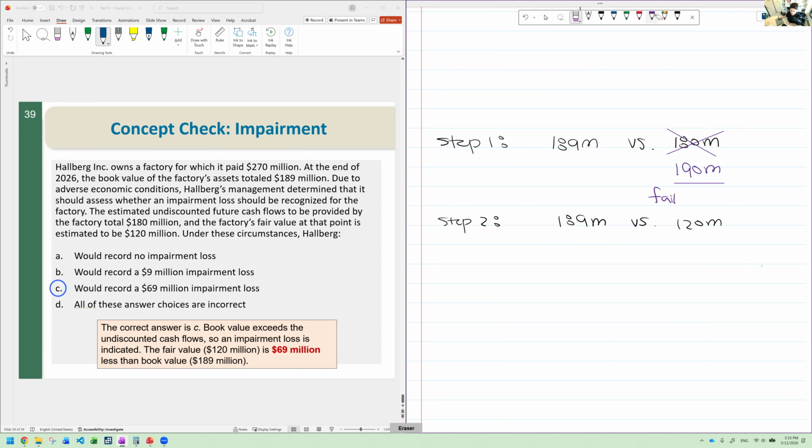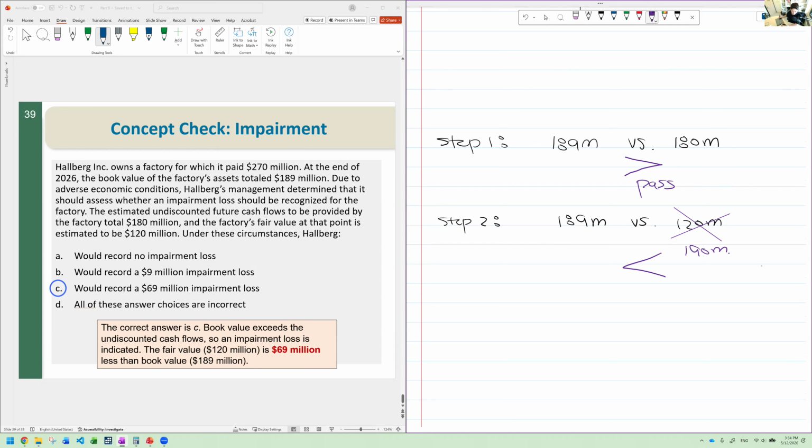Now, let me change the values. We keep the undiscounted cash flows at $180 million, so we pass the step one test because book value is greater than the undiscounted cash flow. Now, what if the fair value is now $190 million? Okay, so we passed the step one test, but it turns out that the fair value is actually greater than the book value.